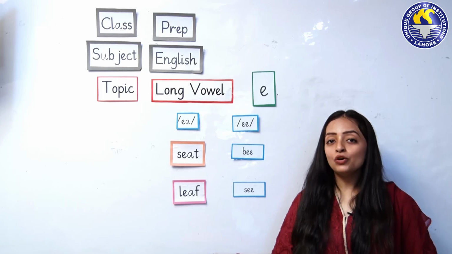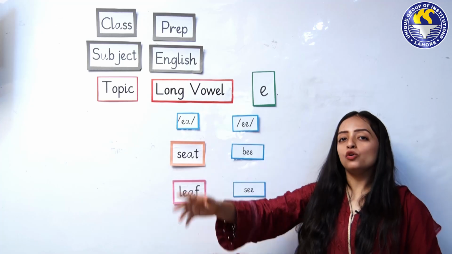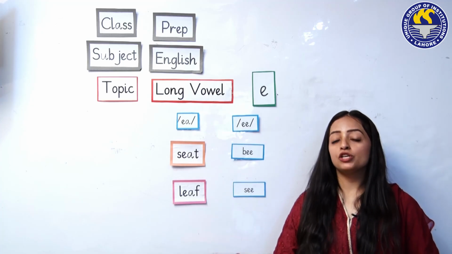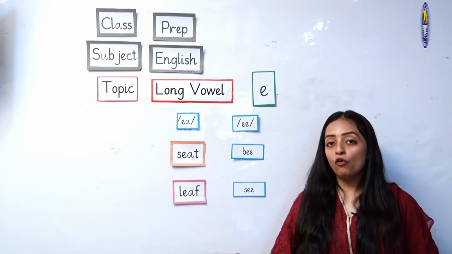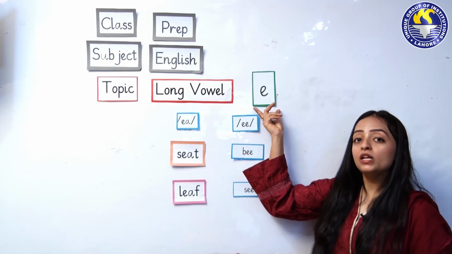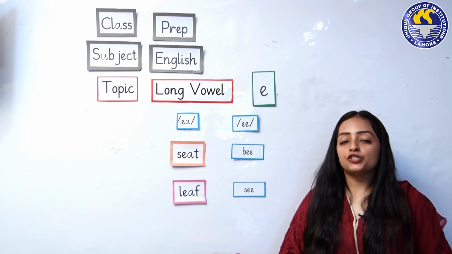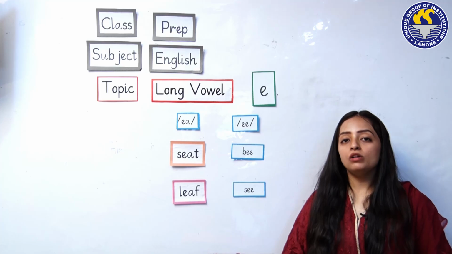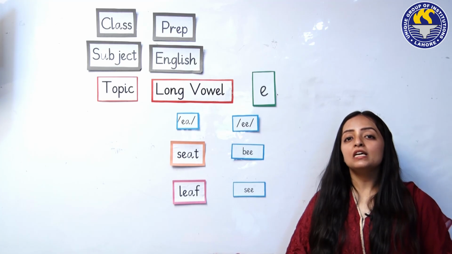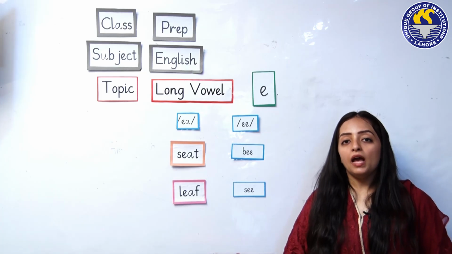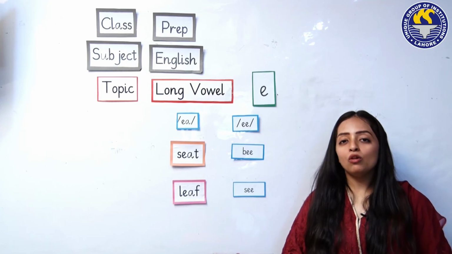In English, we have a topic long vowels. We were doing long vowels. So, in long vowels, today my focus is on the long vowel E. Previously, we already did in the lecture of long vowel A that all those words which contain at least two vowels and have a long drawing sound make a long vowel word.